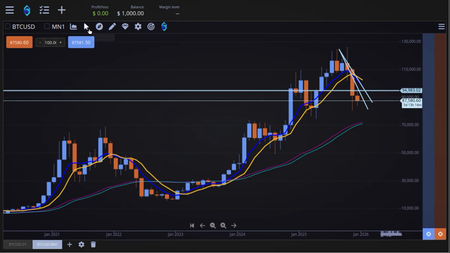If I grab a crosshair, say for instance this candlestick for the monthly time frame, we're looking at June 1st in 2023. This is the value of what this candlestick was. It went from here to here.